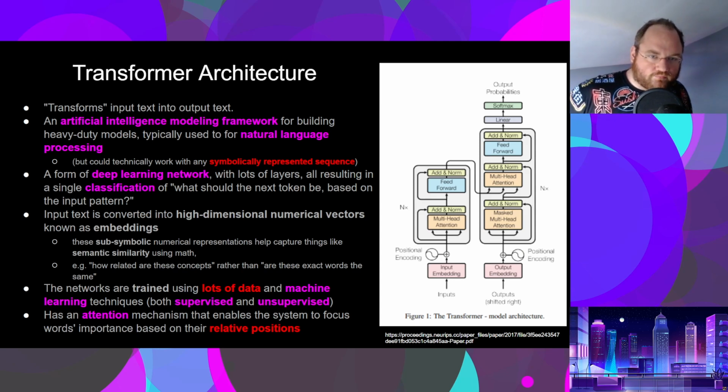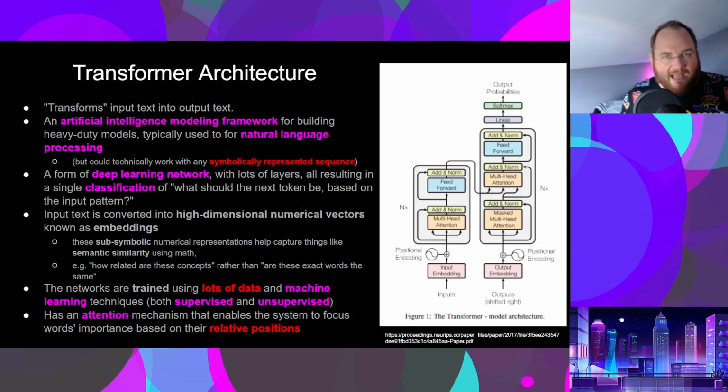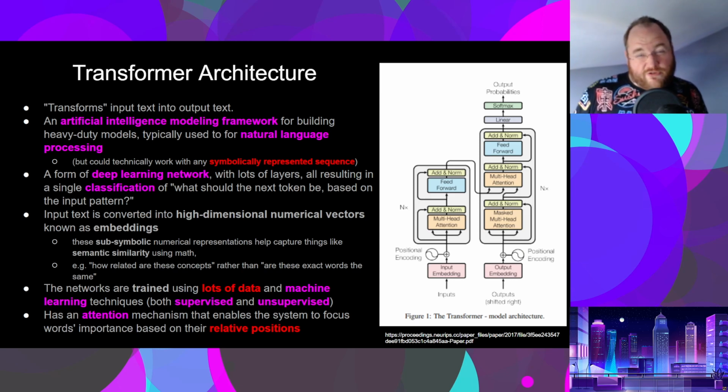So it's normally natural language that you're using in this architecture, but it could technically work on any symbols, right? Language just happens to be a set of symbols that we're all very interested in.